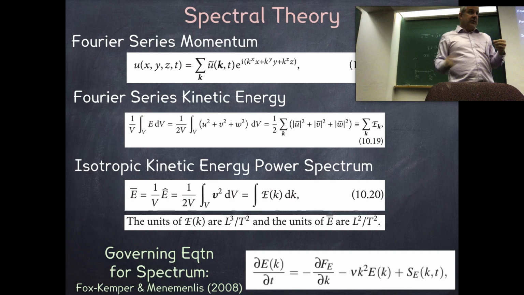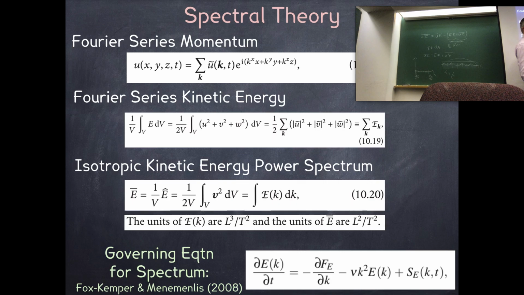10.19. How does this work? How do we get to this from this? If I plug in this form for U and V and W, I would have a sum over K's, and what I want is the absolute value, so it's actually U times its complex conjugate, which gives me U squared.